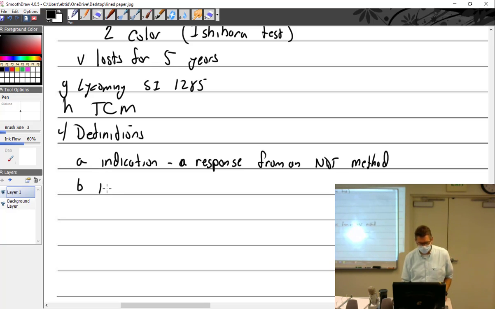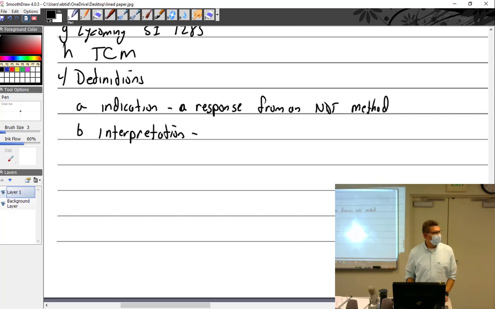So now you have an interpretation, which is determining whether or not an indication is relevant or non-relevant. So, in other words, this green indication you have matches your thumbprint perfectly. So what does that tell me? It's your thumbprint stuck on there.